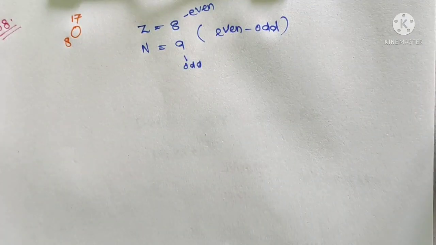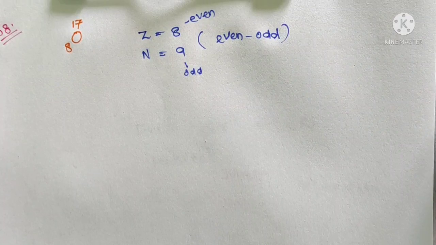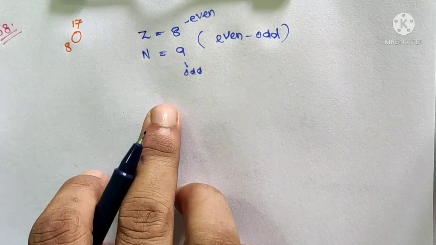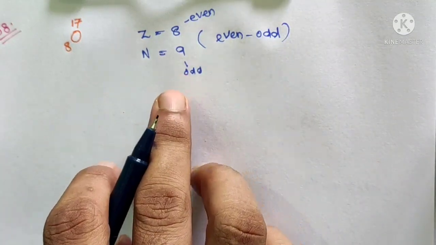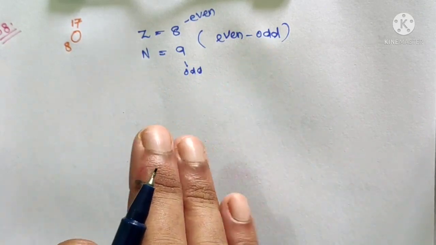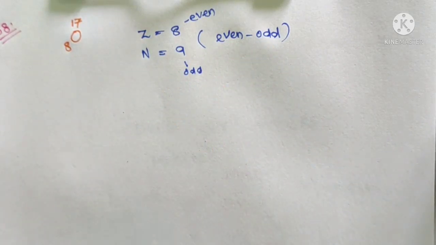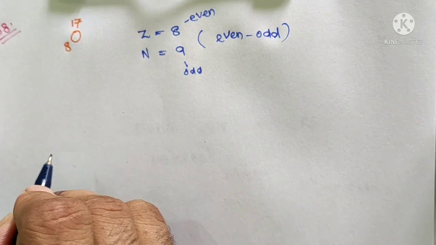So to find the angular momentum for this nucleus, we have to check to which subshell the last unpaired neutron, or the last unpaired nucleon, is going. So to check this, let us write the splitting of the subshells according to the shell model.